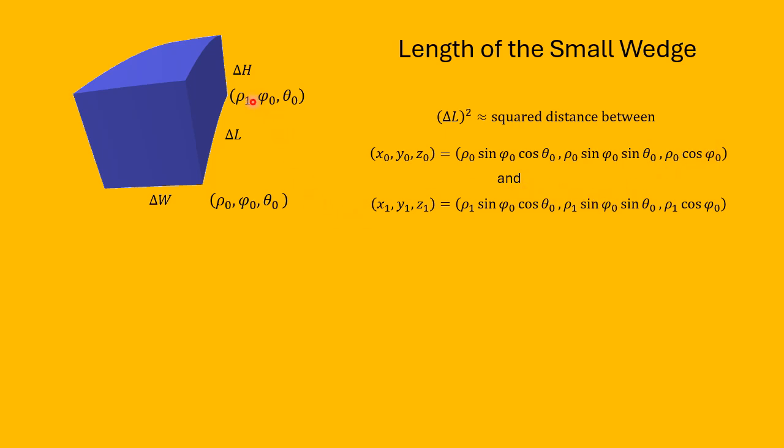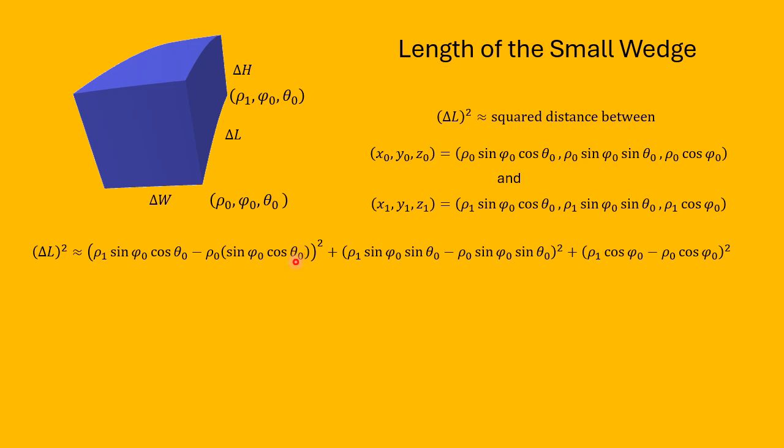And the other point up here is rho 1 sine phi naught cosine theta naught, rho 1 sine phi naught sine theta naught, and rho 1 cosine phi naught.